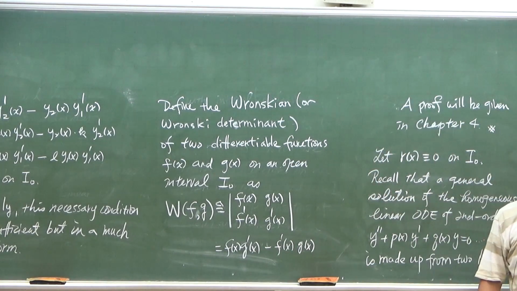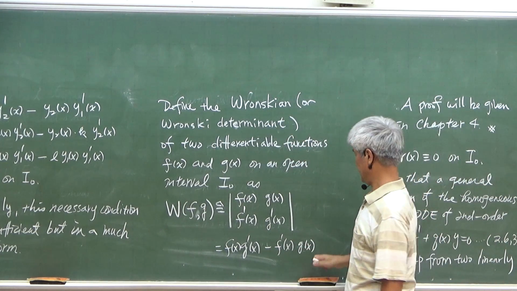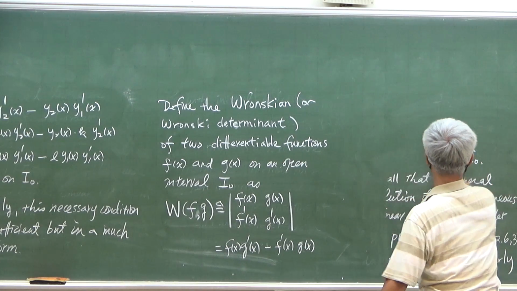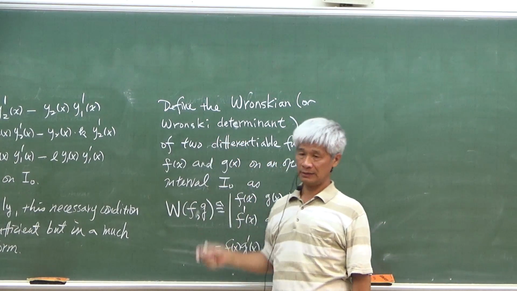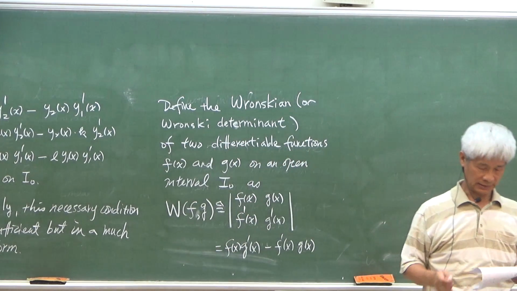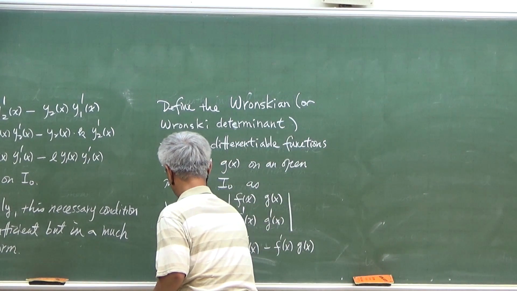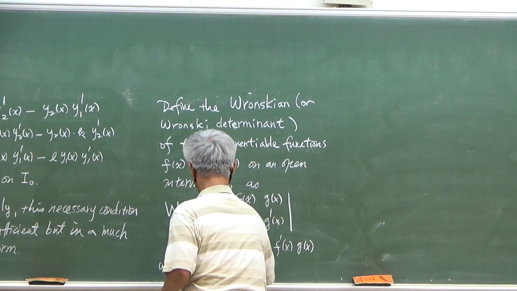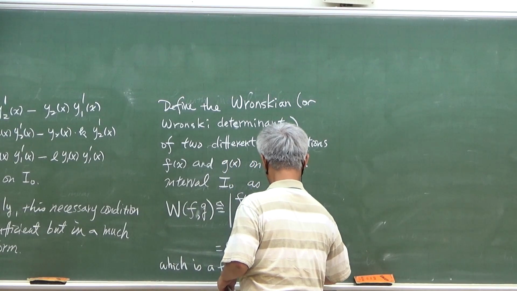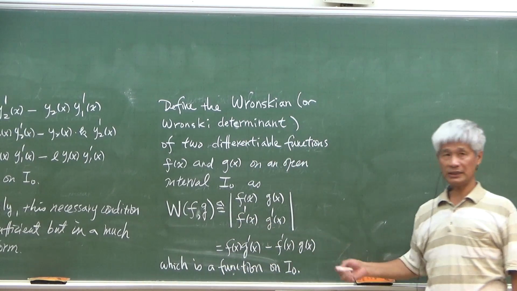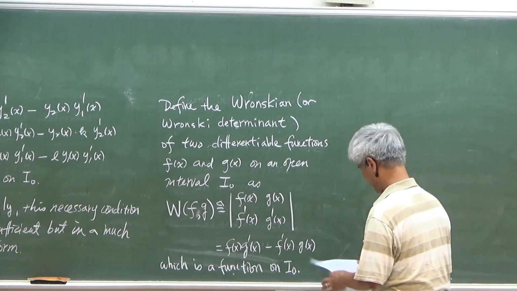Okay. So it's called the Wronski determinant or Wronskian. Wronski is the name of a mathematician. Okay, and this Wronskian is a function on I0.